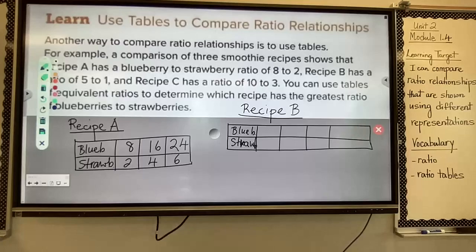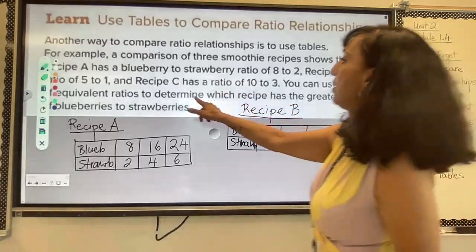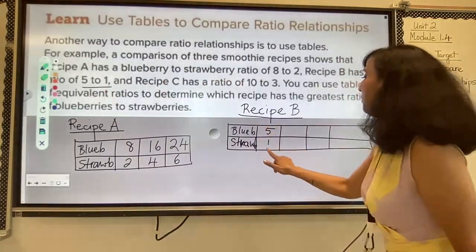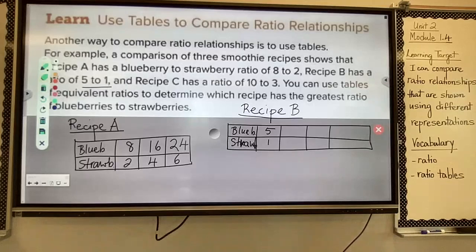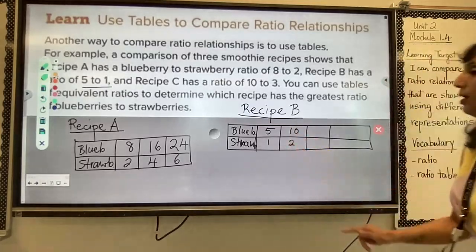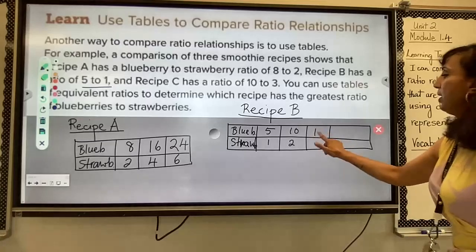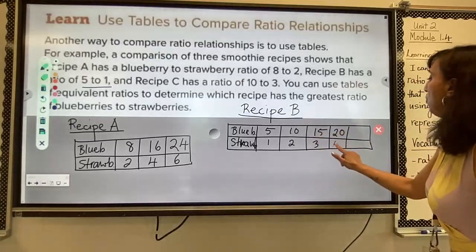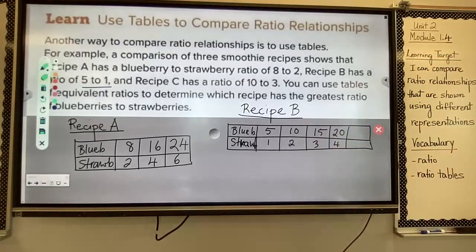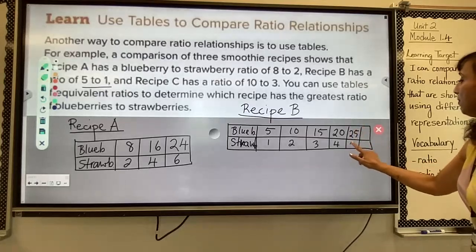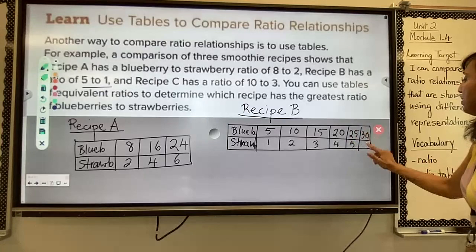My ratio for recipe B was 5 to 1. So 5 over 1. Using my multiplicative structure, or scaling up, it'll be 10 over 2, and I get 15 over 3, 20 over 4, 25 over 5, 30 over 6.